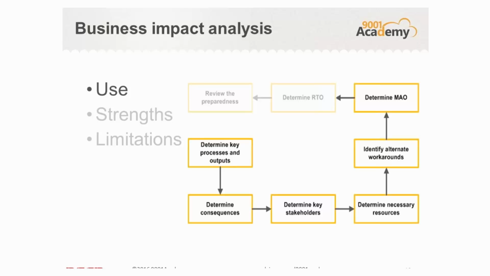Once the MIO is determined, you need to determine the recovery time objectives, or RTO, for any specialized equipment or technology. The RTO represents the time in which the organization aims to recover the equipment or process. And of course, at the end, you need to periodically review the level of preparedness of your organization.